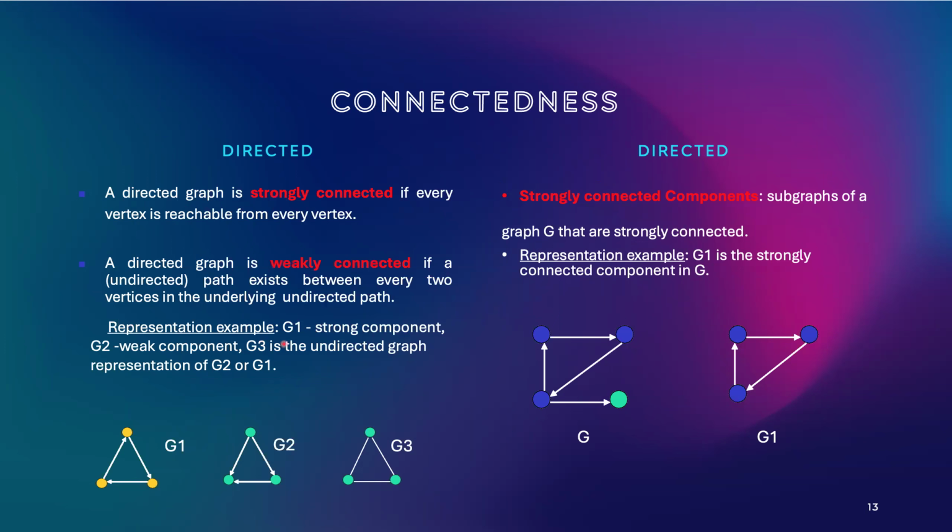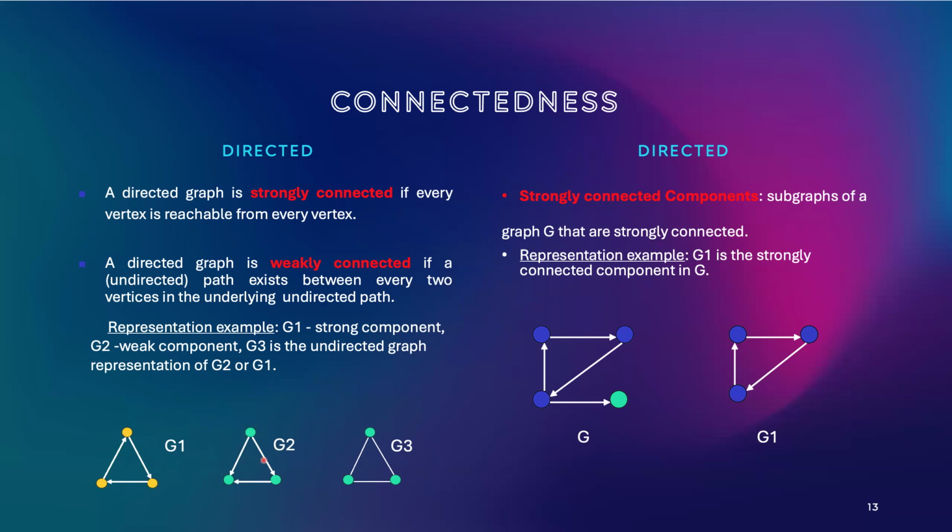So for representation, we look here, G1 is a strong component, right? Because every vertex is reachable from every vertex. And then this is weakly connected because there isn't always a path.